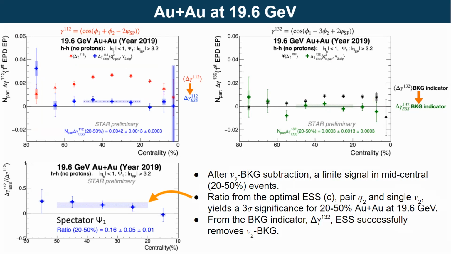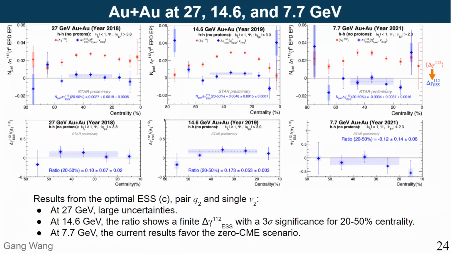In some centrality range, we do see some finite signal. If we average this ratio, it's a 3 sigma effect. On the other hand, we use gamma 132 as a background indicator, which is pure background. After event shape, they are always consistent with 0. So it means the method seems to work.